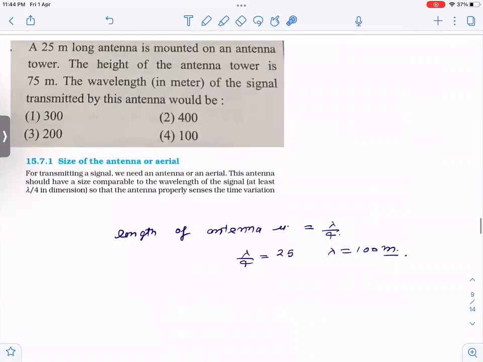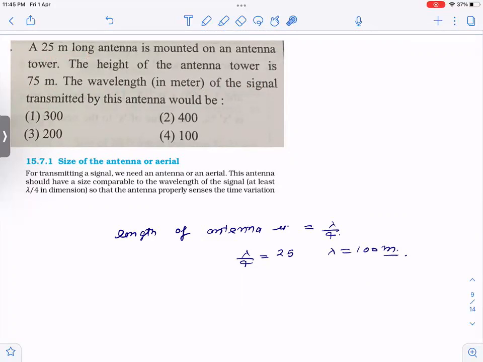So first question is, there is a 25-meter long antenna. It is mounted on an antenna tower. Height of the antenna tower is 75 meters, right? So length of the antenna is 25 meters, height is 75 meters. Wavelength in meter of the signal transmitted by this antenna would be, right? So how do we find the relation between wavelength and the length of antenna?